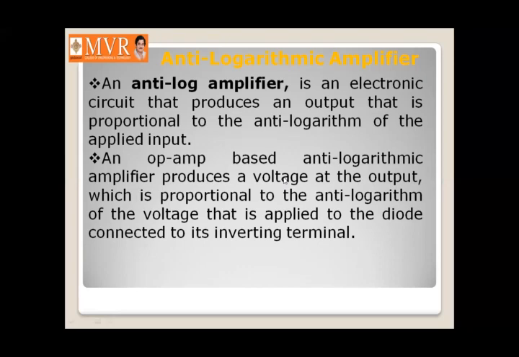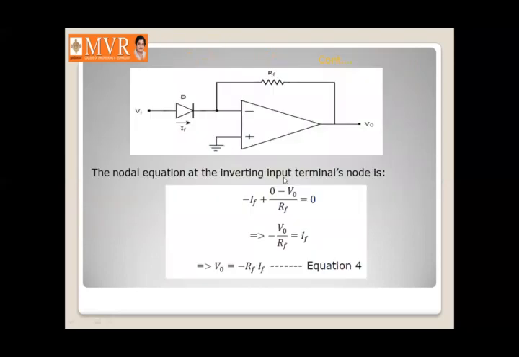Here we are going to use the same diode. In the previous circuit we placed the diode in the feedback path, whereas in this circuit we are going to place the diode directly at the input. We connect the diode to the inverting input terminal of the op amp and give the input to the diode.